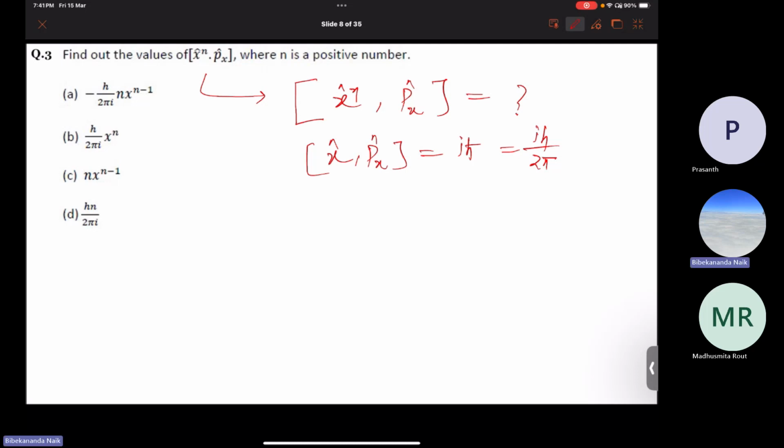So yes, can anyone tell me what will be the correct option? Yes, anyone? Madhusmita, can you hear me?